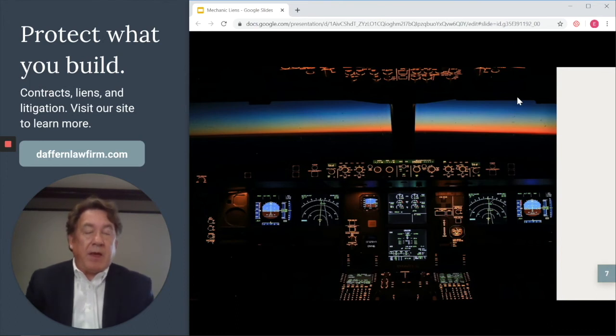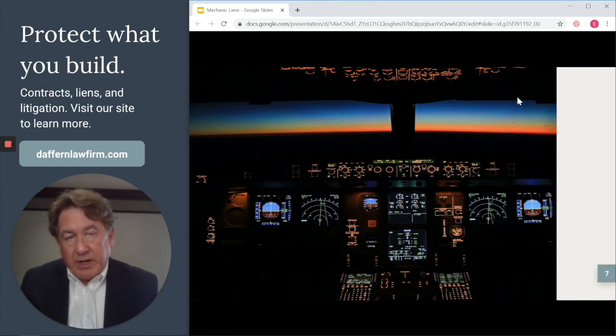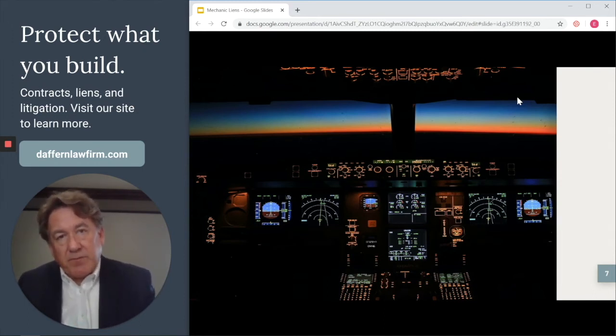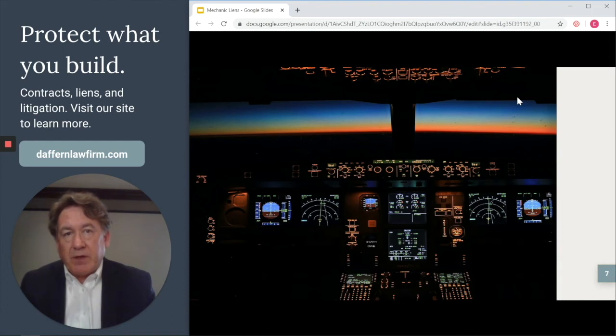Now, that pilot has probably been up in the air thousands of hours, and he probably knows everything that he needs to do. So why does he need a written system? Quite simply, for consistency. If he has a written system, he is guaranteed that he will not forget a step. That makes everybody safer. It makes the results more consistent, more achievable, and you get a better result.